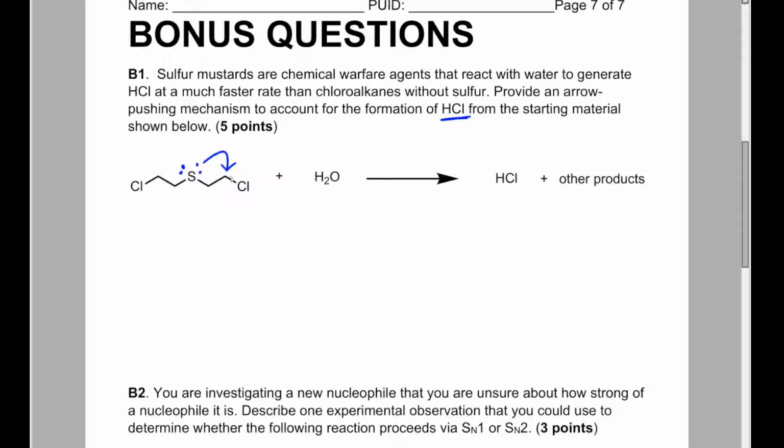So anyways, after the sulfur attacks the carbon, this carbon bond with chlorine will break and the chlorine will become a leaving group. And we'll get an intermediate that looks like this, where the positive charge is now on sulfur because it has 3 bonds rather than 2, and the chlorine will have a negative charge.